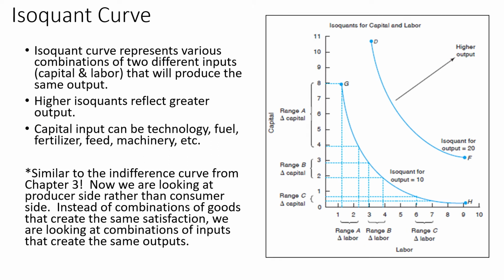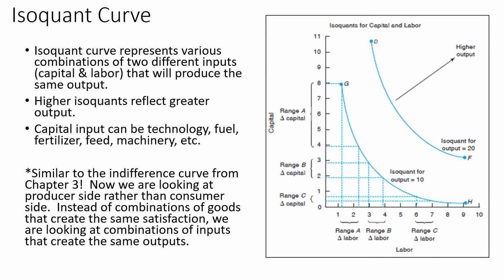The isoquant curve, we're looking at things from a production standpoint, so from a business who's producing products to sell, rather than a consumer standpoint, which the first few chapters of this textbook, we looked at everything from a consumer standpoint.